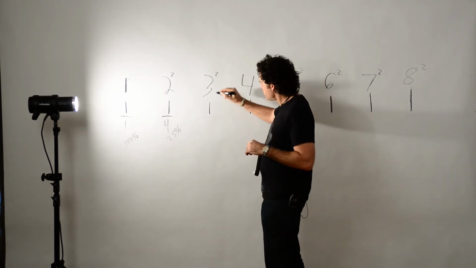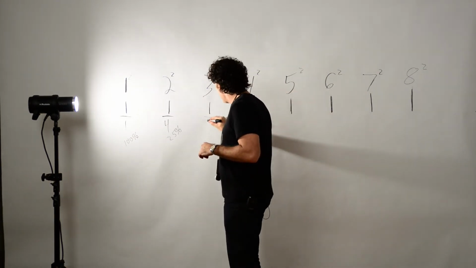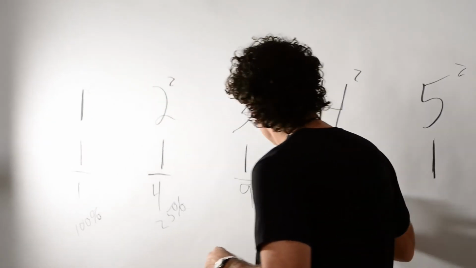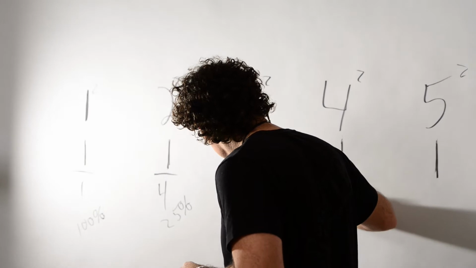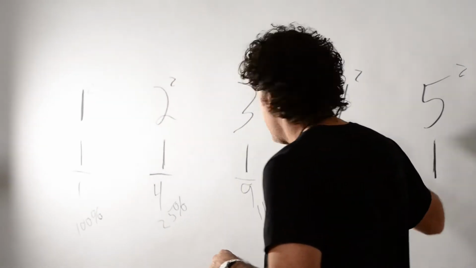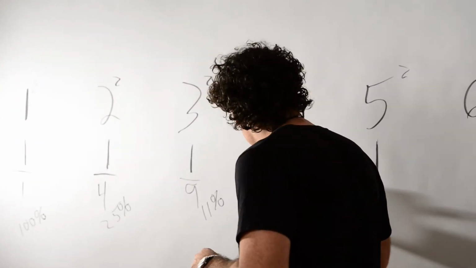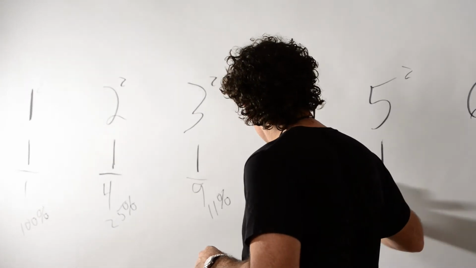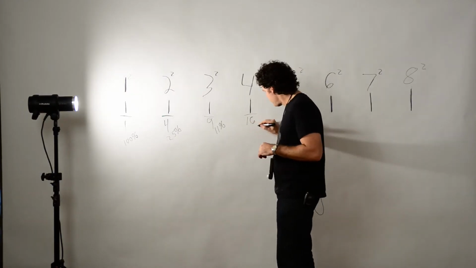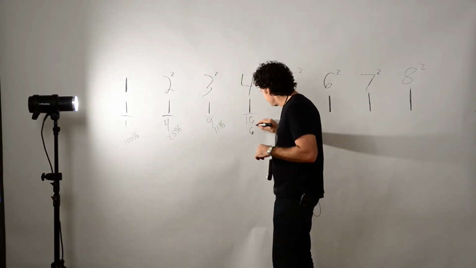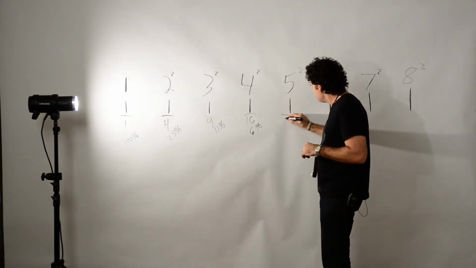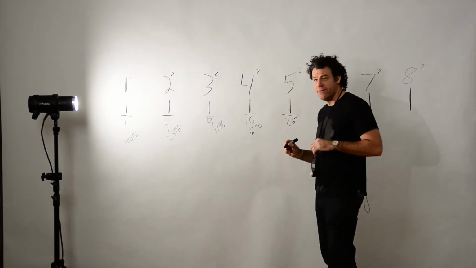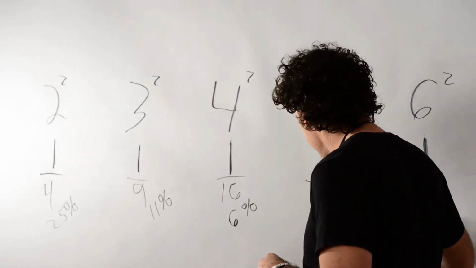So, 3 squared, 1 over 9, or 11% light. 4 squared, 1 over 16, or 6% light. 5 squared, 1 over 25, or 4% light.